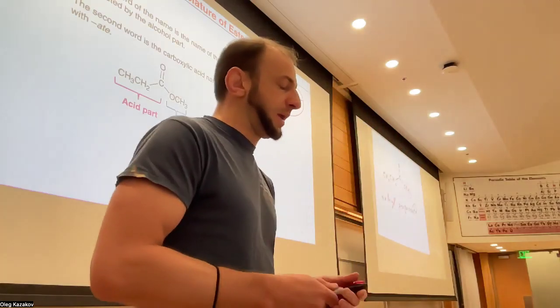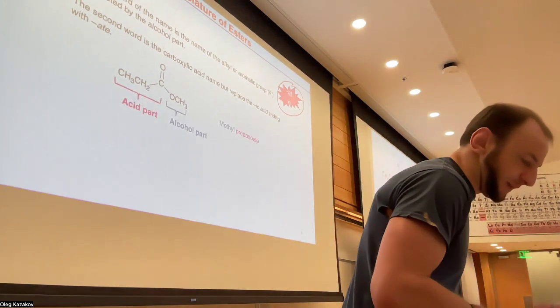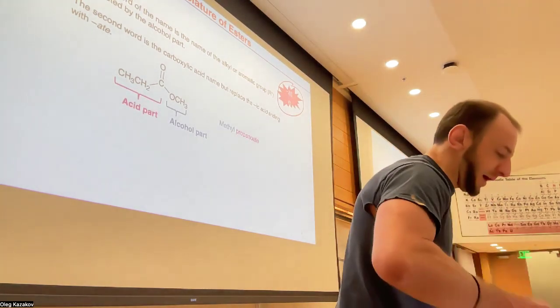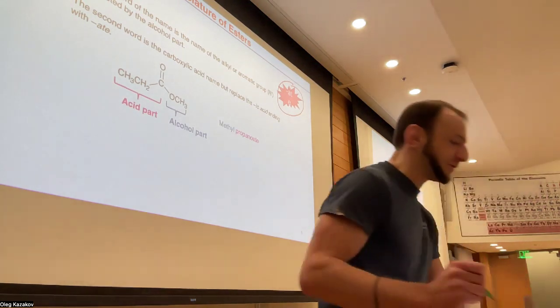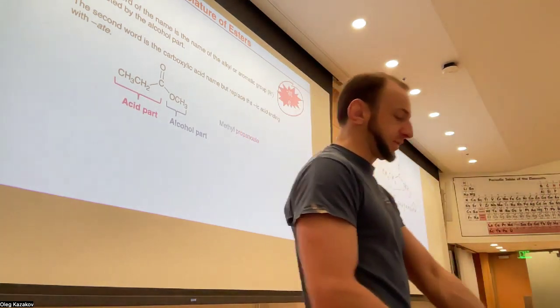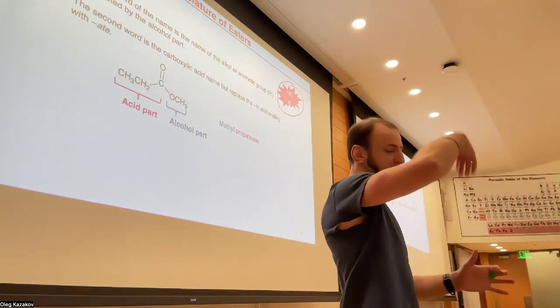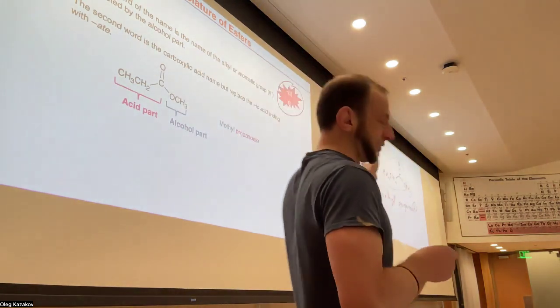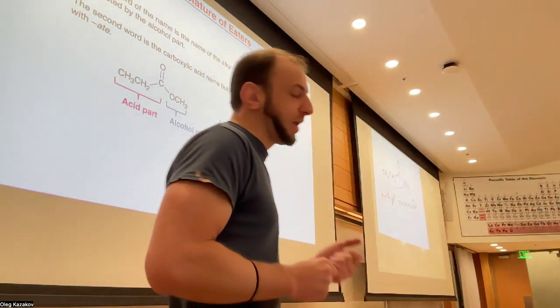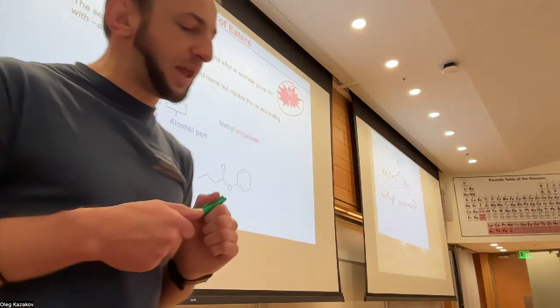For now, let's try to recognize that the thing in green is almost entirely the acid, except H. And this is a substituent that we use to remove H and substitute for it. All right, methyl propanoate.